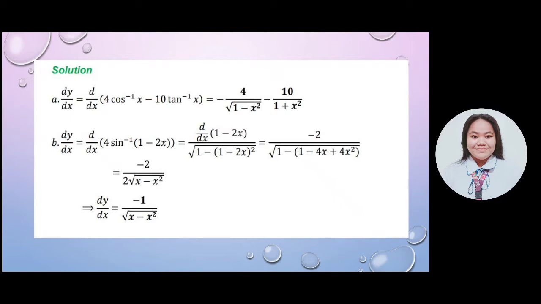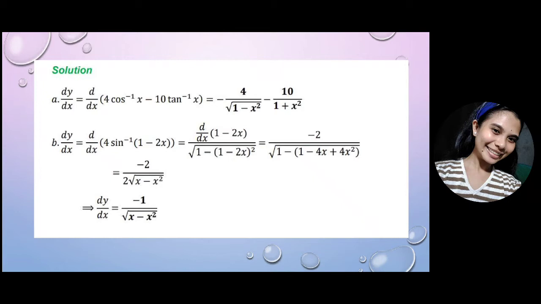Then, we multiply it by the derivative of x, which is 1. So, 10 over 1 plus x squared times 1 equals 10 over 1 plus x squared. So, the derivative of 4 cosine raised to negative 1 of x minus 10 tan raised to negative 1 of x is negative 4 over the square root of 1 minus x squared minus 10 over 1 plus x squared.